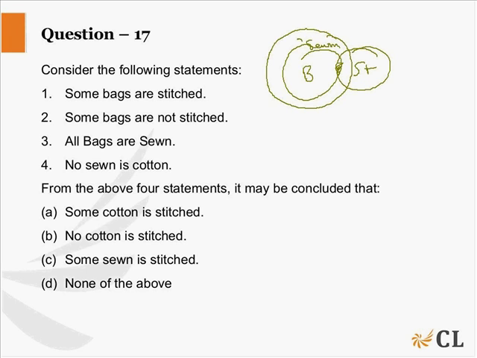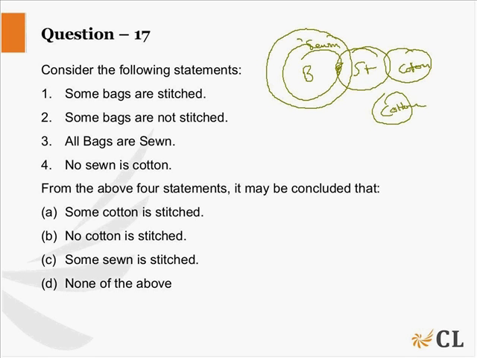No sewn is cotton, but cotton can be a part here. Cotton can be outside completely. It may be concluded that some cotton is stitched. Some cotton is stitched. Is it necessary?